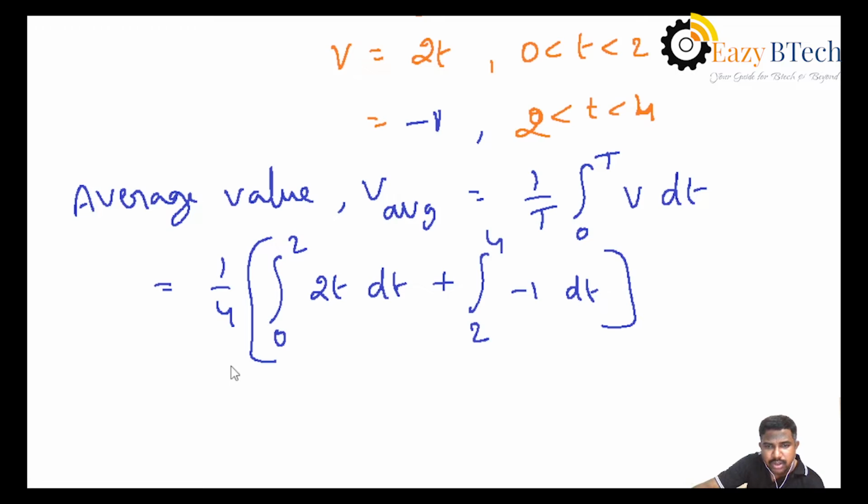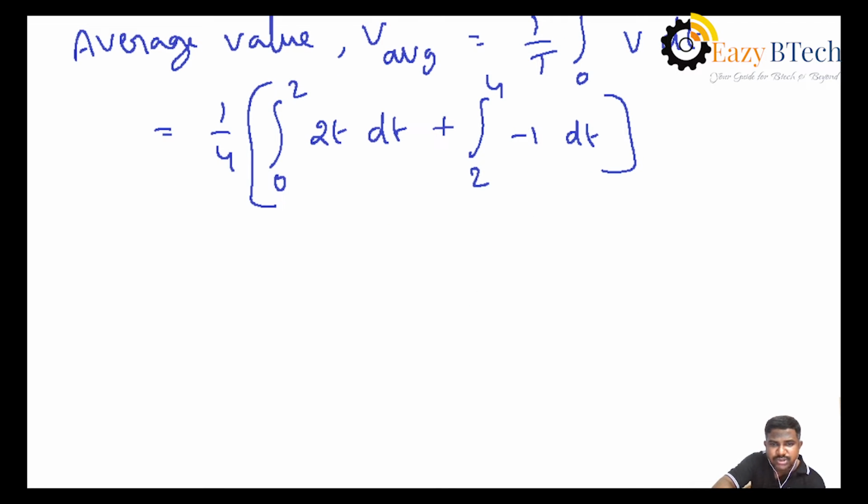Then after that, you can apply integration on both sides here. Integration for two functions, that is 1 by 4 and 2 is constant. What is the integration of t? That is t square by 2. Integration of t is nothing but t square by 2.